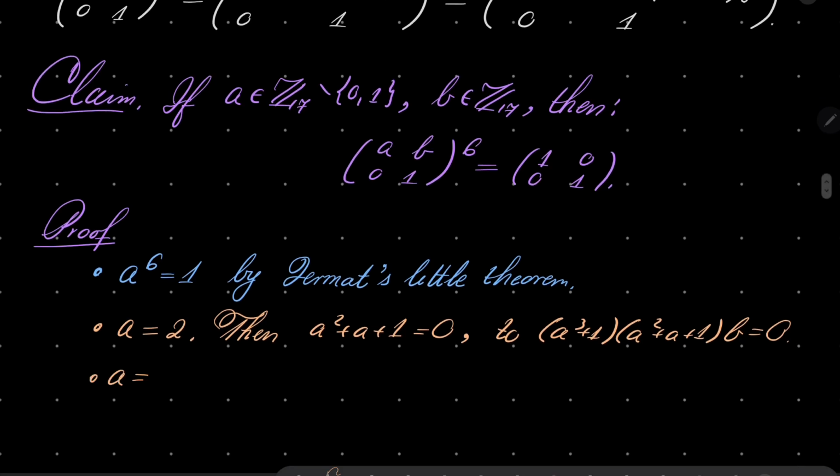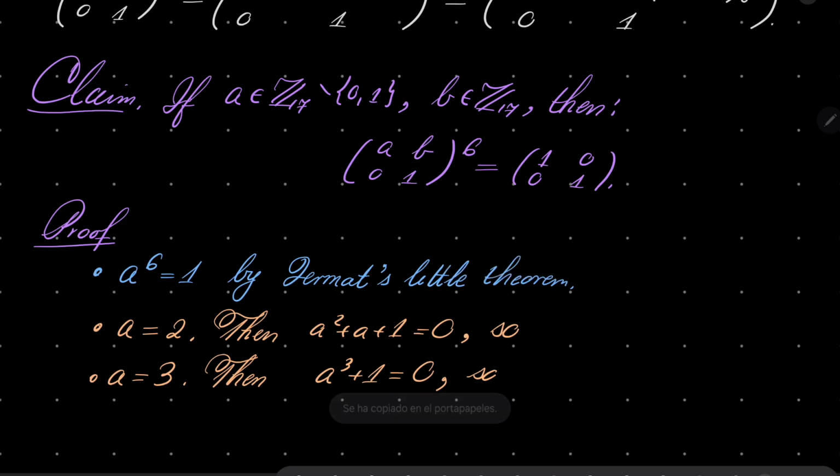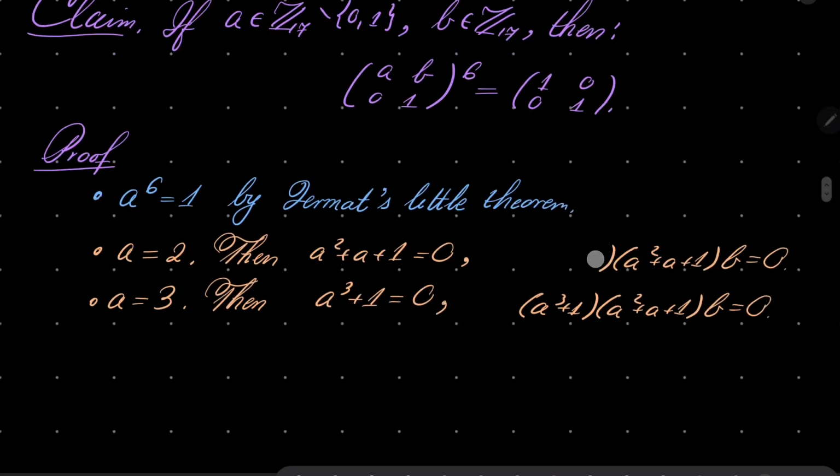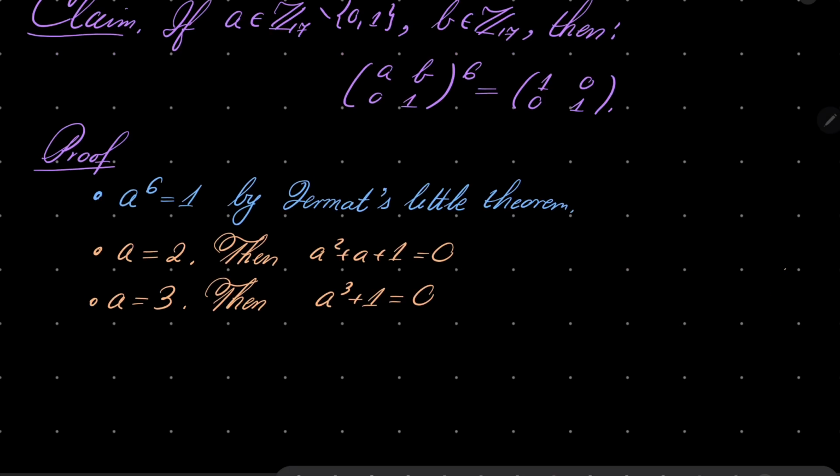What then? A equals 3. Notice that if A equals 3, then A cubed plus 1 is 27 plus 1, it's 28, but 28 is 0. Next case is what?